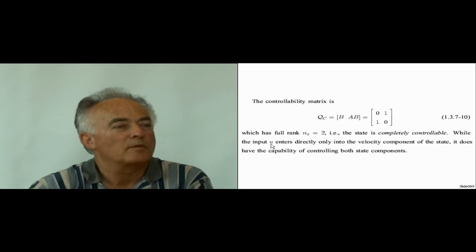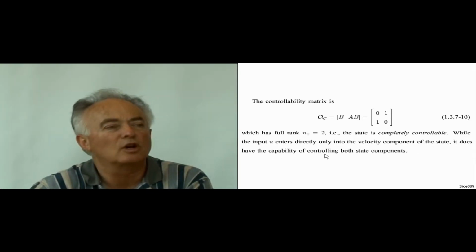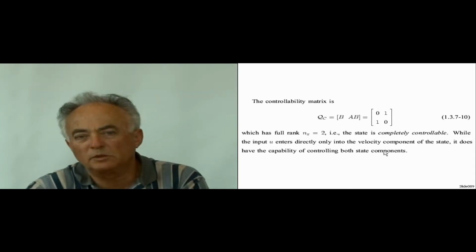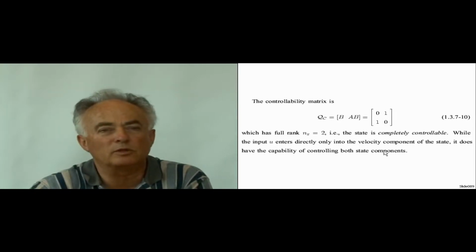Now, the input u enters directly only into the velocity component of the state. It still has the capability of controlling both state components, which means given u as an acceleration, you can bring the system to an arbitrary point in the state space, at a given velocity and a given position, within a finite time.